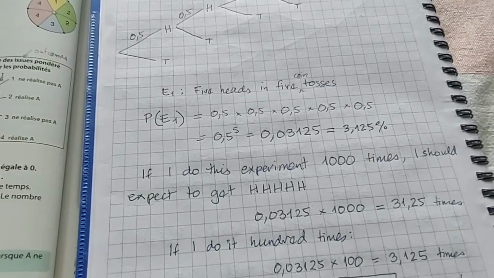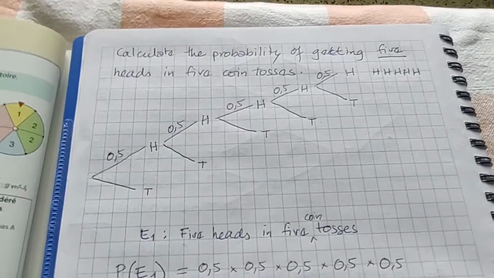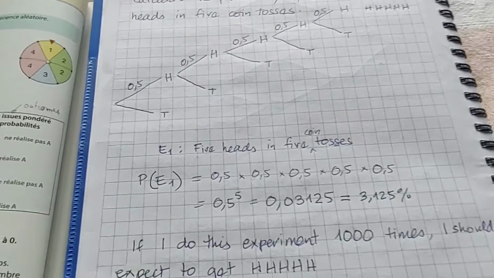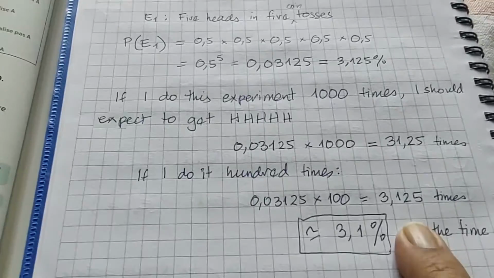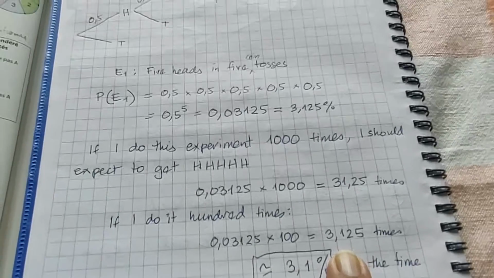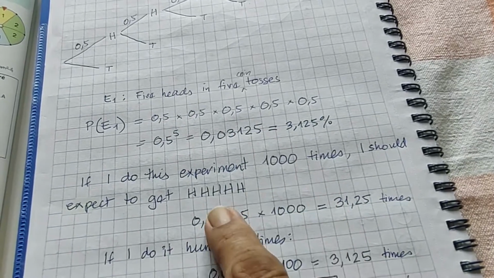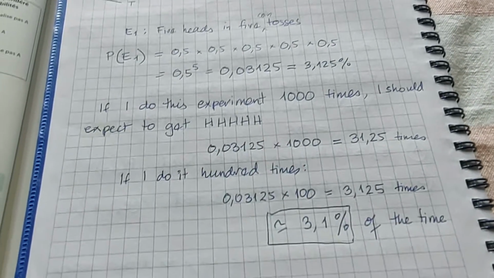So whenever you're doing this experiment of tossing the coin 5 times, and you do the experiment 100 times, about 3 out of those 100 times, you should get 5 heads.